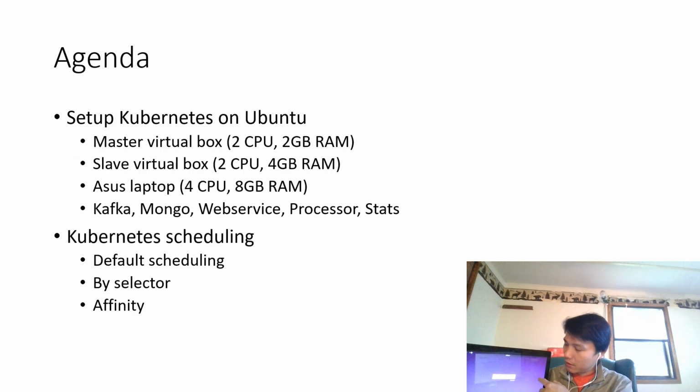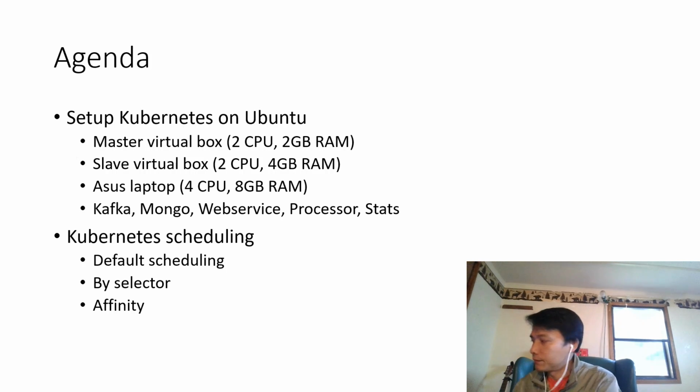We have Ubuntu running there, and I will deploy the previous system that includes Kafka, MongoDB, web service, processors, and state unit. And I will demo Kubernetes scheduling, scheduling by selector and affinity.